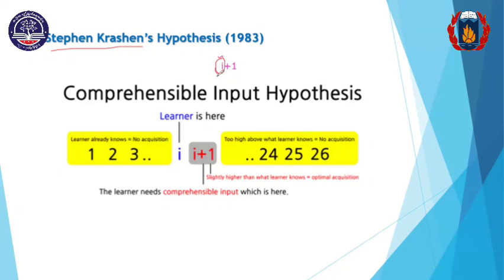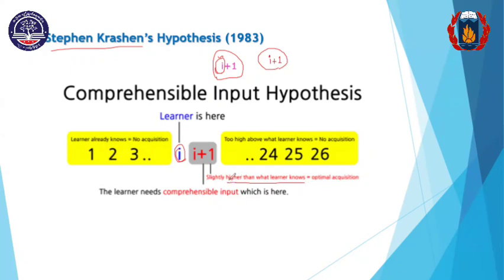The plus 1 is what they can do with the teacher's guidance and help. They have i, but with the teacher's guidance, they can do a lot of things. So at that time, it's i plus 1. The learner's level is here, and the plus 1 is a little bit higher than what the learner knows.